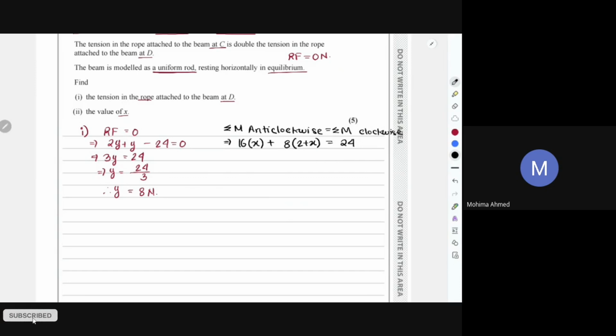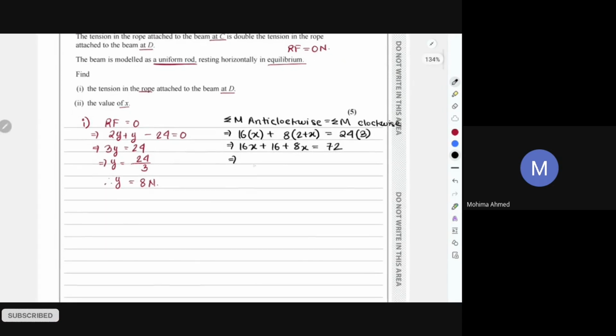That means halfway from the end A, halfway of 6 is going to be 3. So after this we can write 16x, then 16, then again 8x, and 24 into 3 is 72. I can just add all the x's together. 16 plus 8 is going to be 24x, and then 72 minus 16, that is 56.